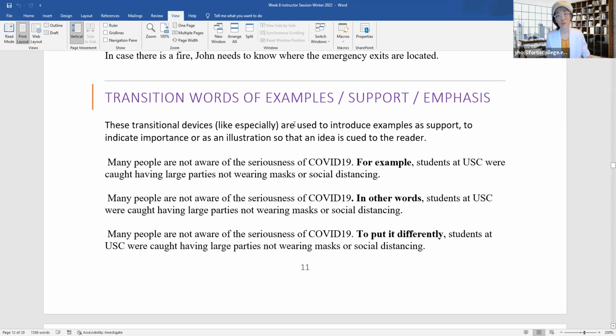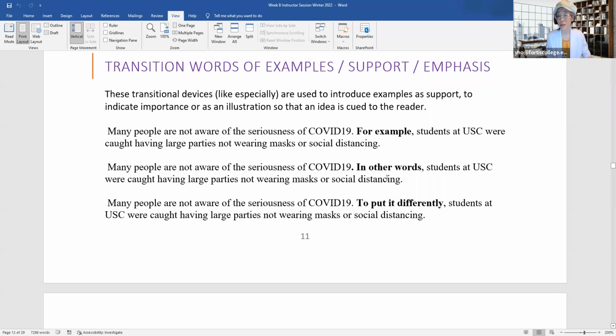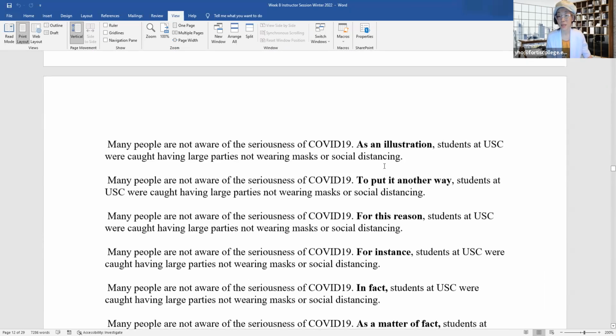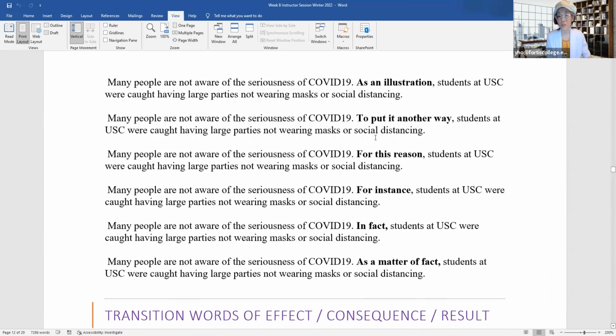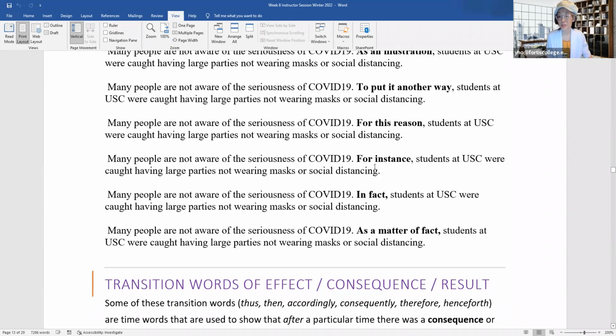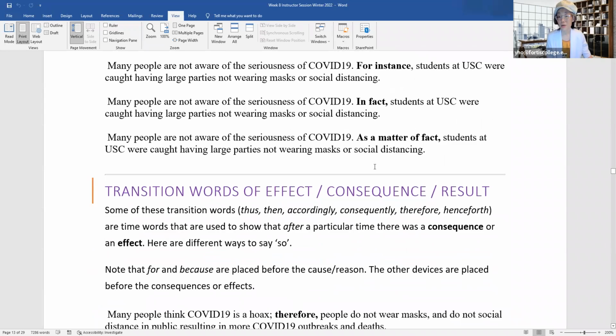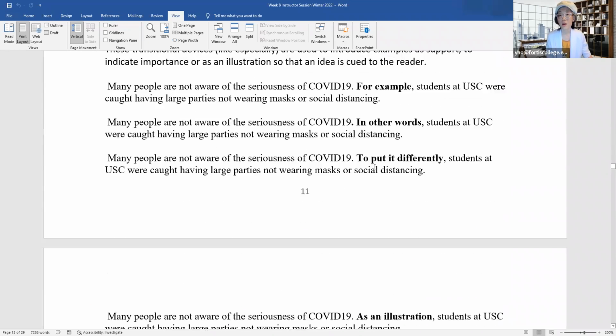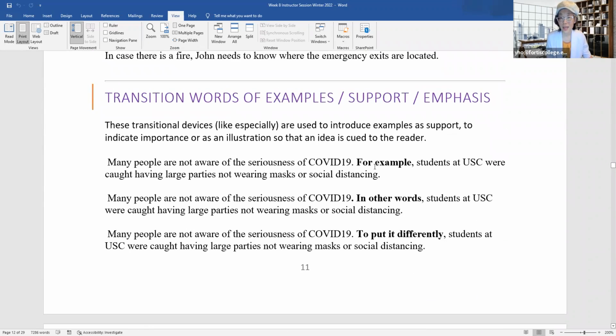So here you have different ways to emphasize the next sentence. For example, in other words, to put it differently, as an illustration, to put it another way, for this reason, for instance, in fact, as a matter of fact. All of these are different ways of saying and.